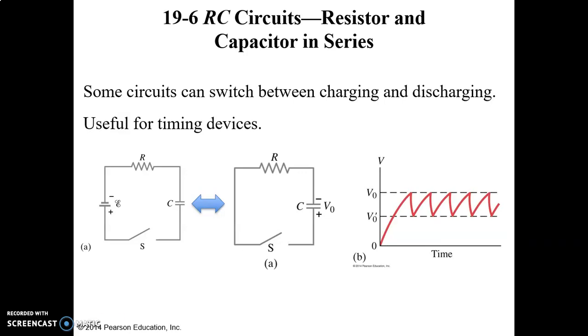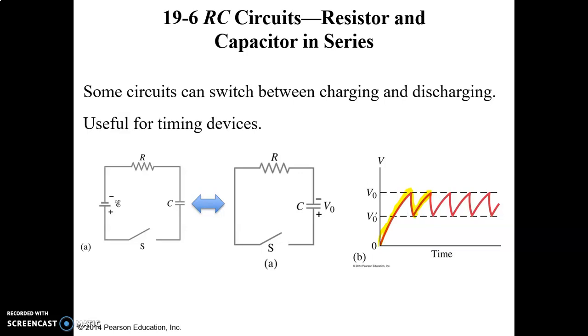So we start off with the situation on the left where you have a voltage source. You're going to charge your capacitor up to a certain point. Once you reach that set point, a switch flips, it removes the EMF, and you end up with this situation over here, in which case you're discharging the RC circuit. It starts to discharge, it hits a set value, the switch flips again, reintroduces the EMF, charges up your capacitor.